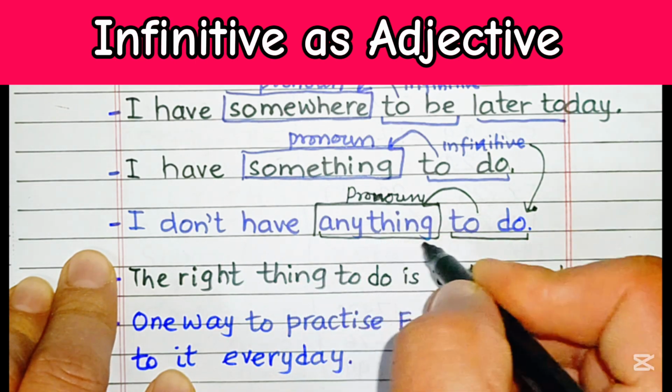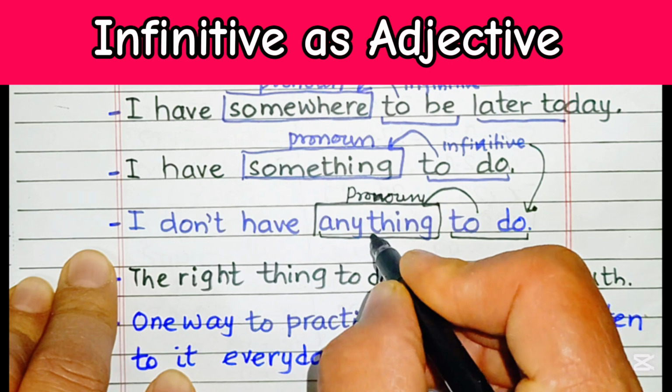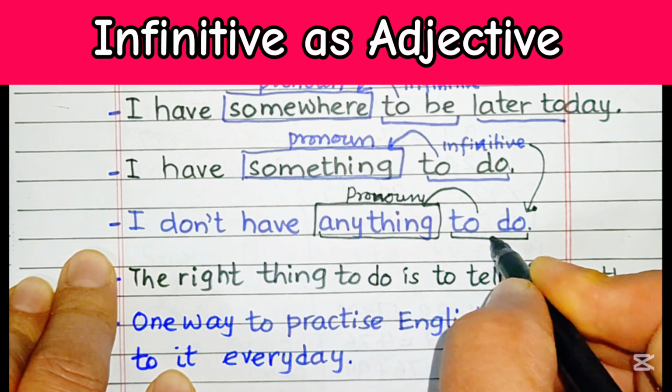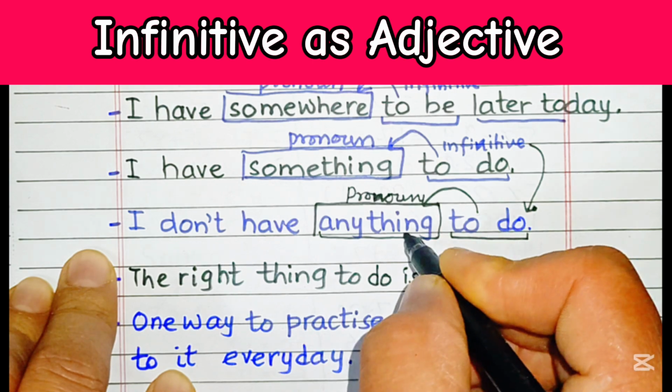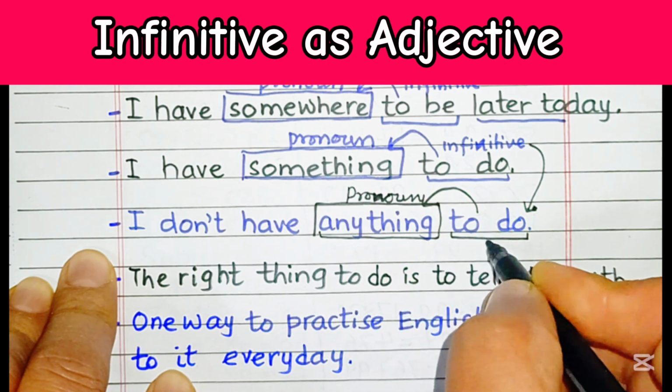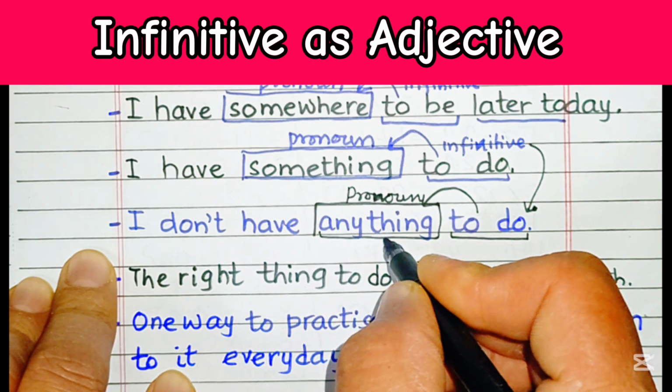So the pronoun anything is being modified by this infinitive to do. So again, this is a good example of the use of infinitive as an adjective.